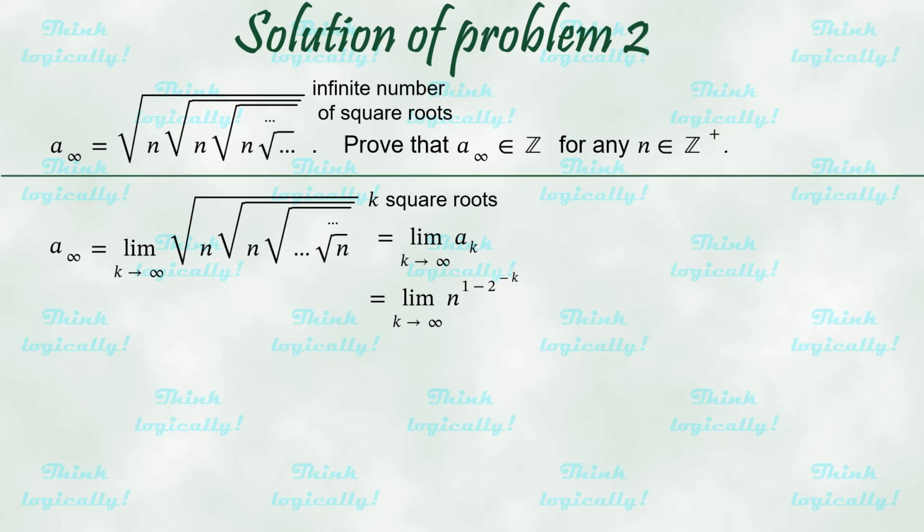We only need to observe that since the exponential function is continuous, we can safely move the limit to the exponent. And when k tends to infinity, 2 to the power of negative k tends to 0. Therefore, a sub infinity is n to the power of 1, that is just n, and n is an integer.